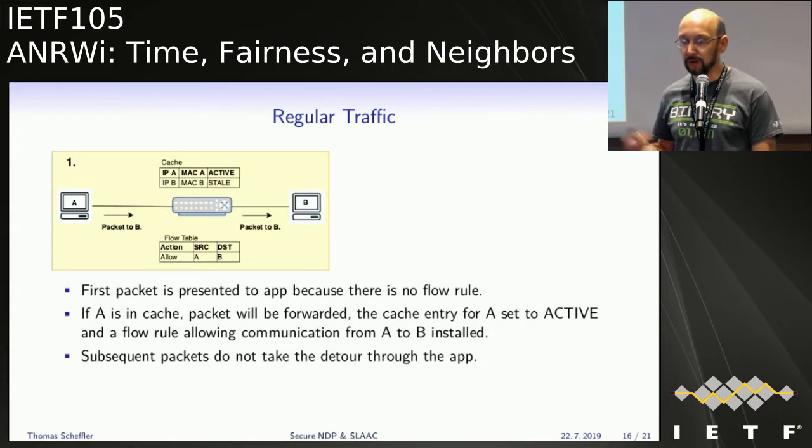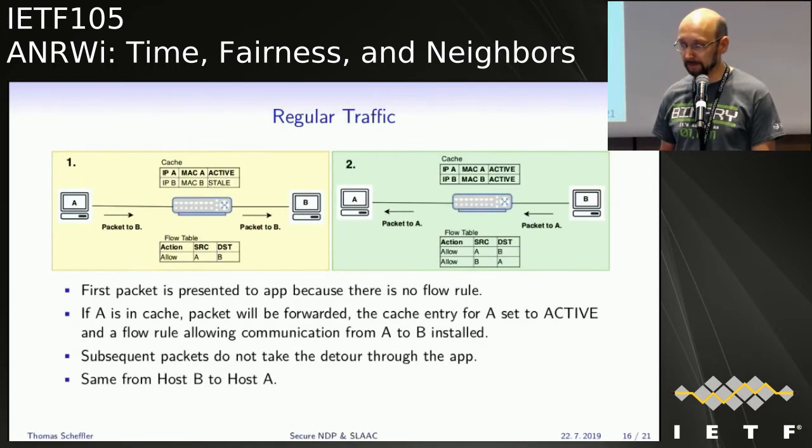And regular traffic should also be able to cause these flow entries. The idea is that when we have some bidirectional communication going on, we have it going over the flows. Whenever a new packet is triggered, we have a timeout period for the flow rules, and they should stay active as long as there is active communication between the entities on the network.